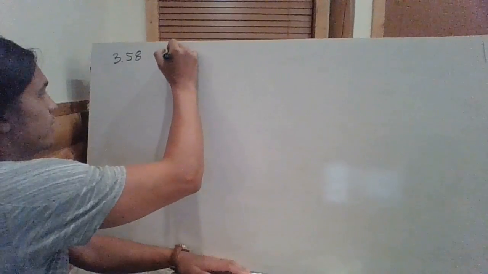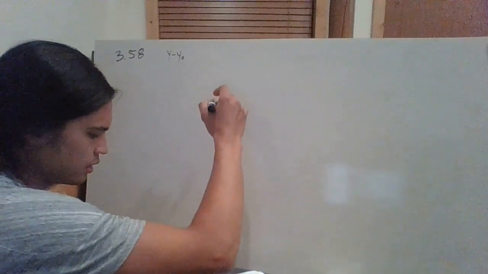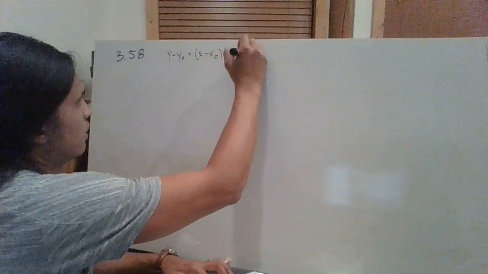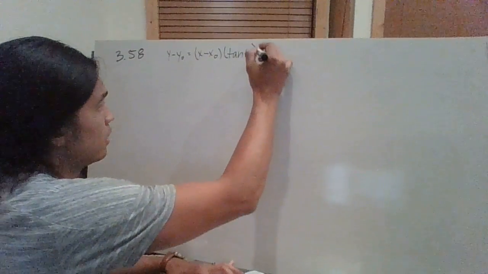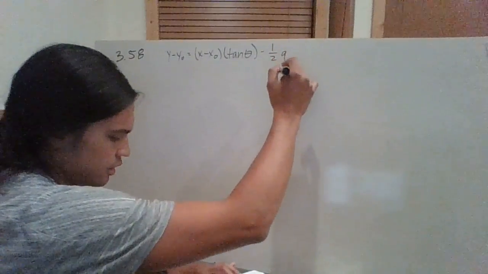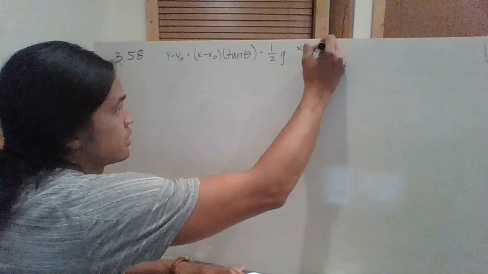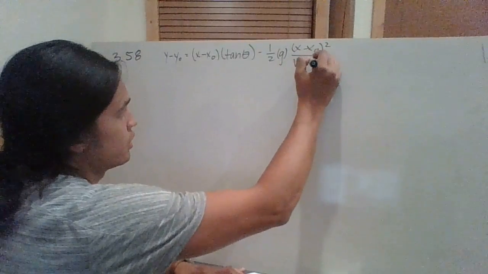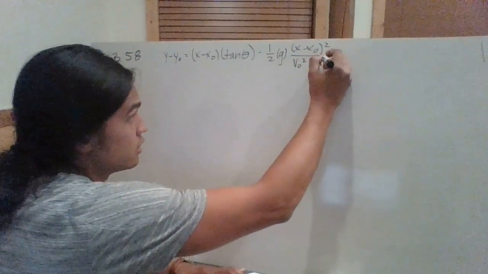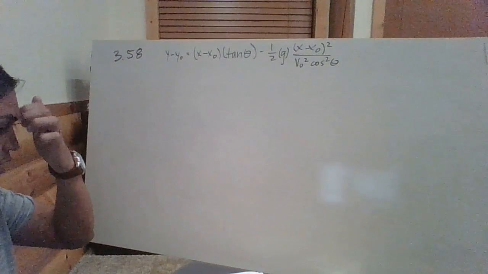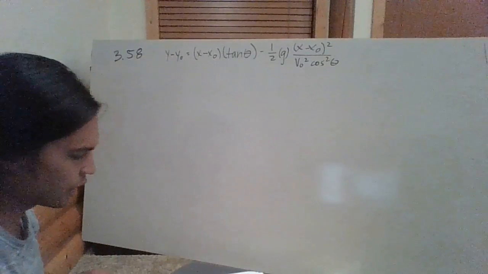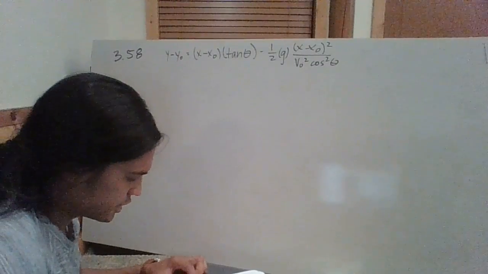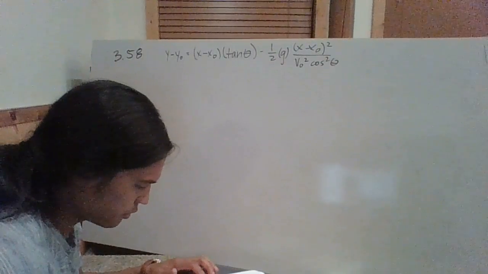So this is what we left off with. Minus 1/2 g x minus x naught squared over v naught squared cosine squared theta. Alright, so a few things that we can do right now. Let's see, where did I go from here?